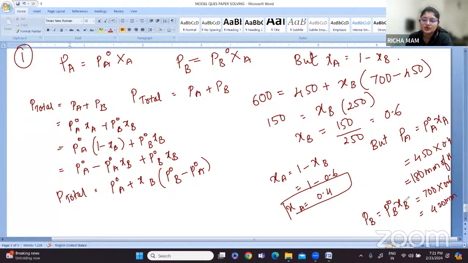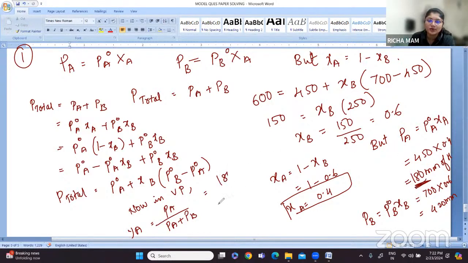Now for the vapor phase. They have told us to find the composition of vapor, so now we have to find that. YA is equal to PA upon PA plus PB. PA is 180, and PA plus PB is 180 plus 420.